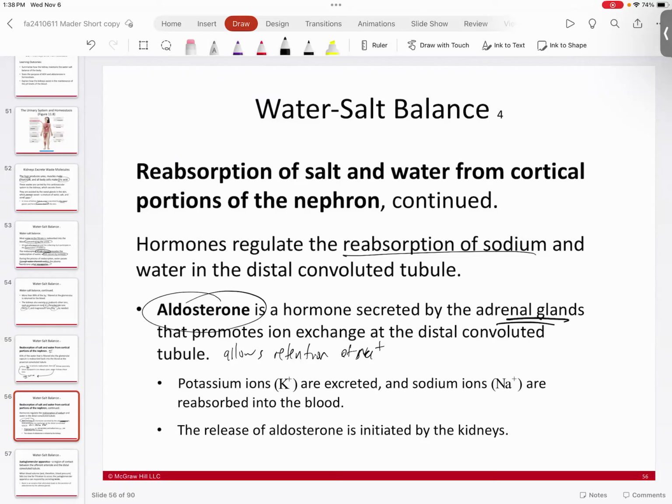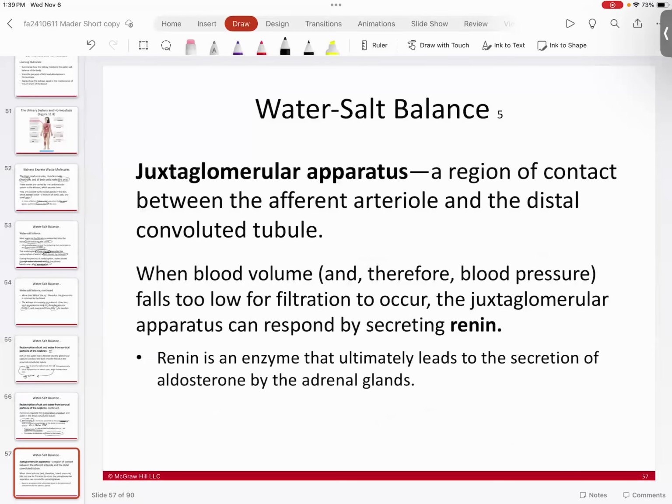And then, of course, by allowing you to retain sodium, typically potassium is excreted, the sodium is reabsorbed back into the blood. And then that allows water to come in and chase it, right? So aldosterone increases that sodium retention, which sets up the osmotic backdrop for water to be able to move into the bloodstream. And so the aldosterone release itself is actually triggered by the kidneys, right? So that's an important endocrine function of the kidneys itself.